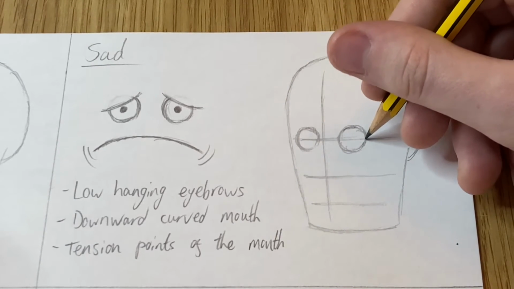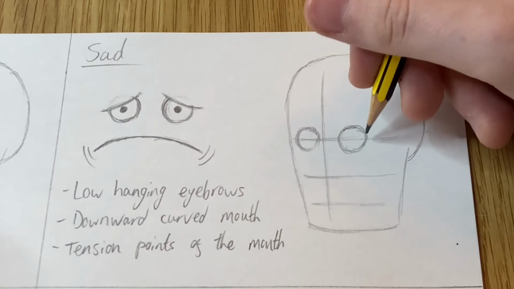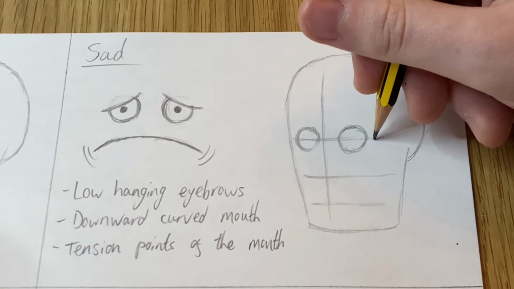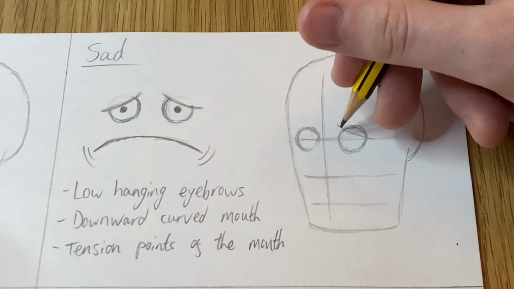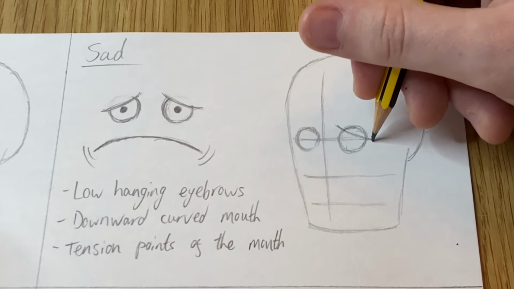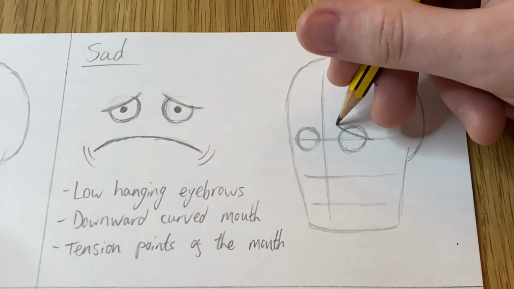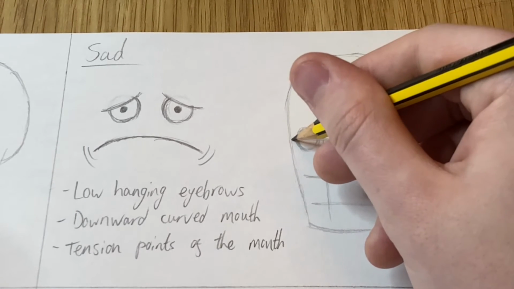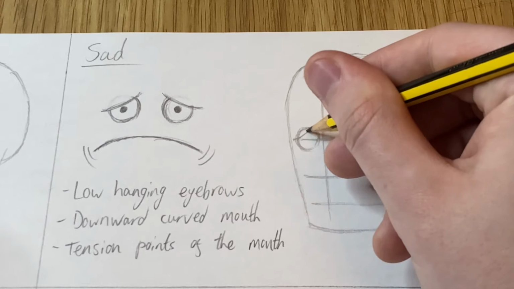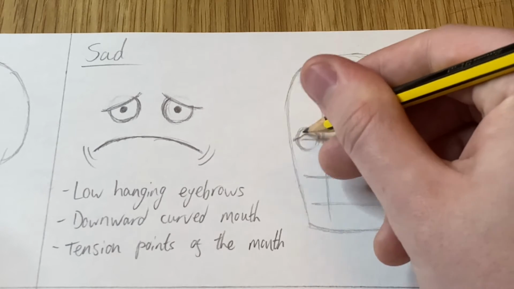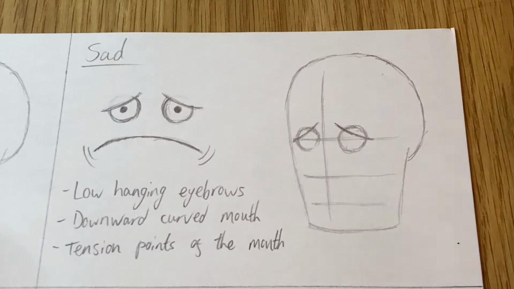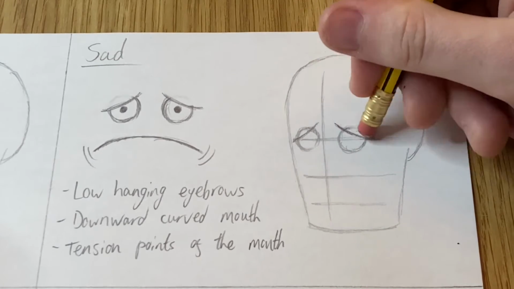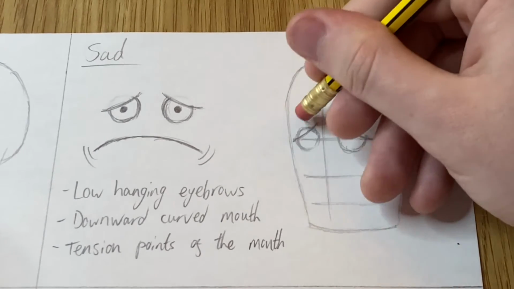So with these center lines, it's quite useful because we can use that as our point in where the eyebrows will droop below. So we'll start at that center line and work towards our imaginary point up here. And the same again, imagining a point up towards the center of that face. Then we'll just erase those marks.